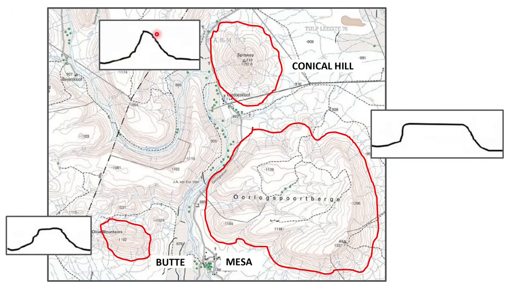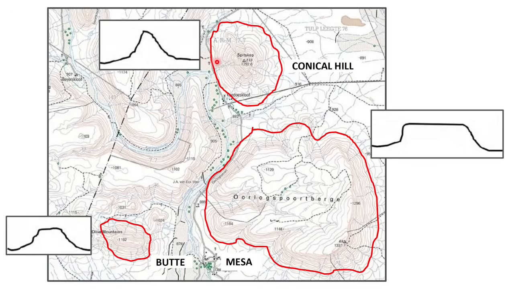This is what a conical hill looks like. And on the map, this is what we are going to see. Let's have a look closely. So as I'm moving from west to east, from your left to right, notice there's a steep slope going up. You get to the top of the hill, the apex, and then there's a steep slope going down.